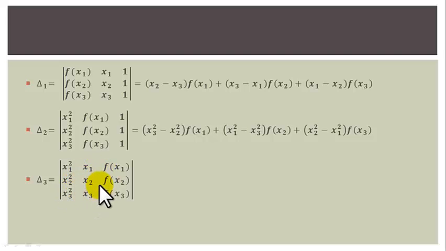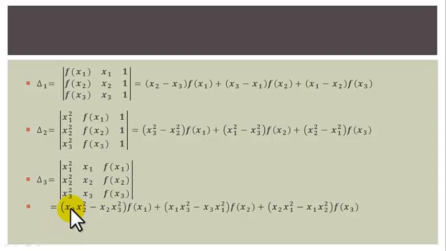Evaluating the determinant, this will give us this: x3 times x2 squared minus x2 times x3 squared in bracket, then times f of x1, plus in bracket x1 times x3 squared minus x3 times x1 squared, then times f of x2, plus in bracket x2 times x1 squared minus x1 times x2 squared, then times f of x3.